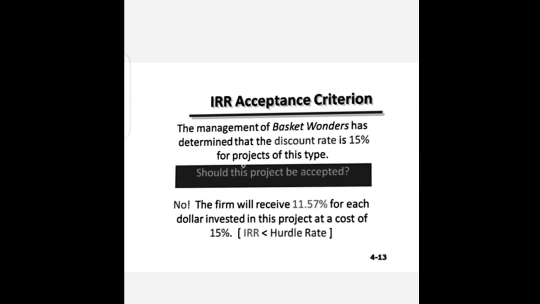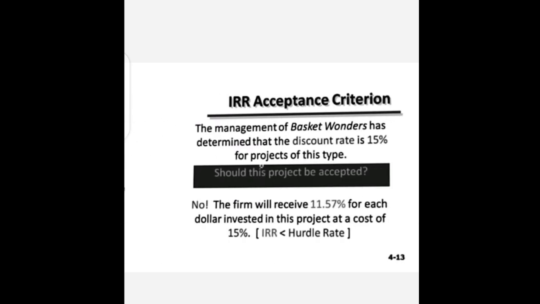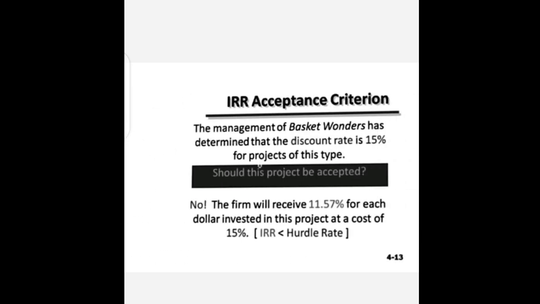I hope you understood the idea behind the internal rate of return. You will use the hit and trial method until the NPV becomes 0. So here the outflow is 40,000, and if the discounted cash flows for 5 years equal 40,000, then that rate will be the IRR. You have to try it yourself.